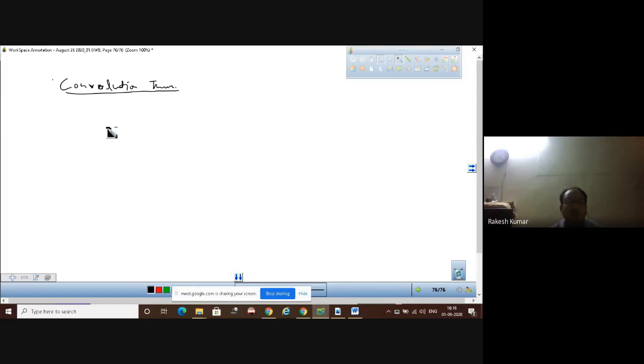Now let us first understand the meaning of a convolution. Suppose we have two functions f(x) and g(x), defined in the interval minus infinity to infinity.